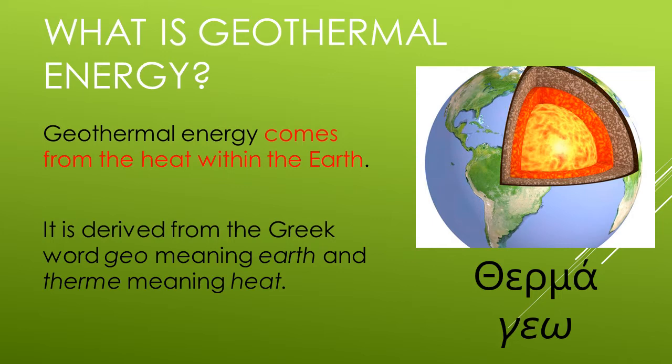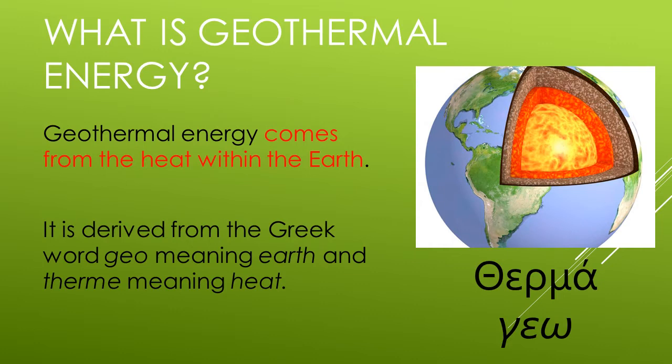And we know that heat moves outwards through the mantle and through the crust due to convection cycles in the mantle specifically, where that heat rises and the cooler parts of the mantle sink back down.